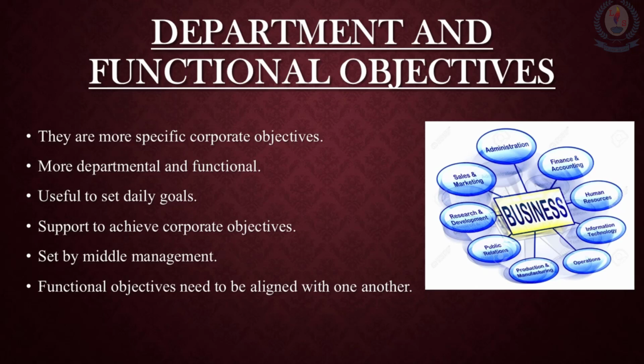Within an organization, we can identify that there are different types of departments. What are these departments? Financial department, marketing department, human resource, and research and development. Likewise, there are different departments. So they are also creating functional objectives.